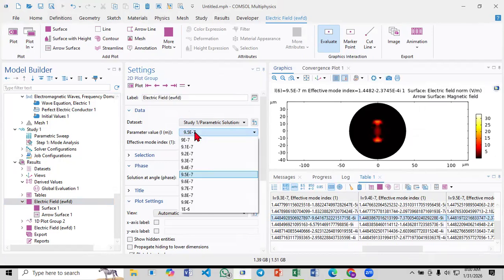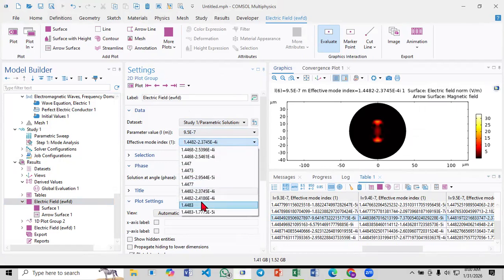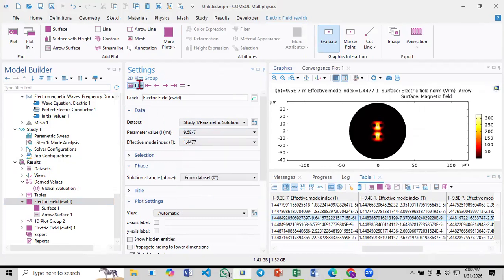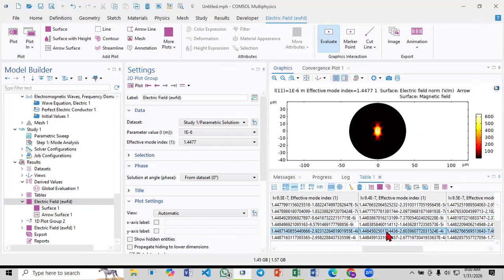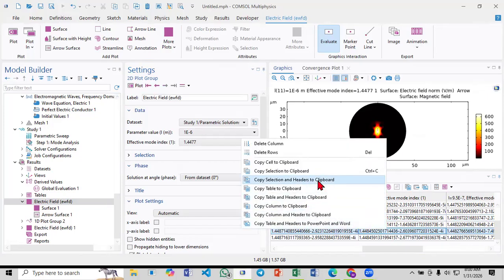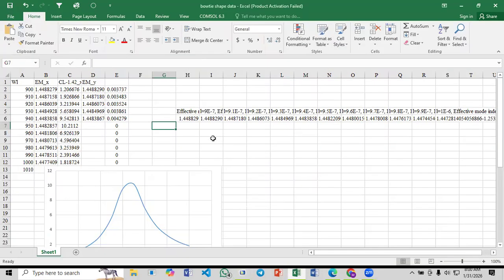Now on 950, we have to search the position of vaporized light. This one, not this one. Let me search. Okay, this one, sorry, this one. The position is second. Now we can check how far it goes actually. So this second one is the effective mode of vaporized light.